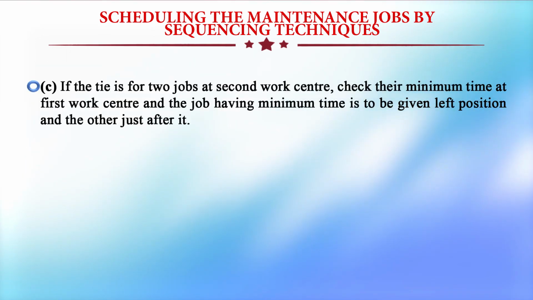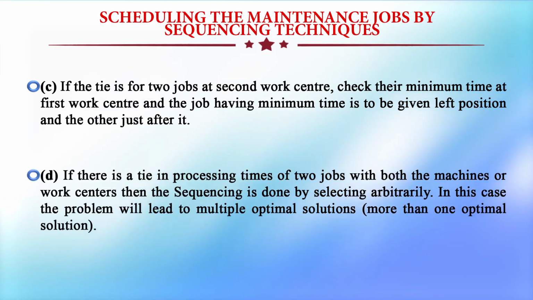If there is a tie for 2 jobs at the second work center, check their time at the first work center, and the job having the minimum time is given the left position and the other just after it. If there is a tie in the processing times of 2 jobs on both the machines or work centers, then sequencing is done by selecting arbitrarily. In this case, the problem will lead to multiple optimal solutions, more than one optimal solution.